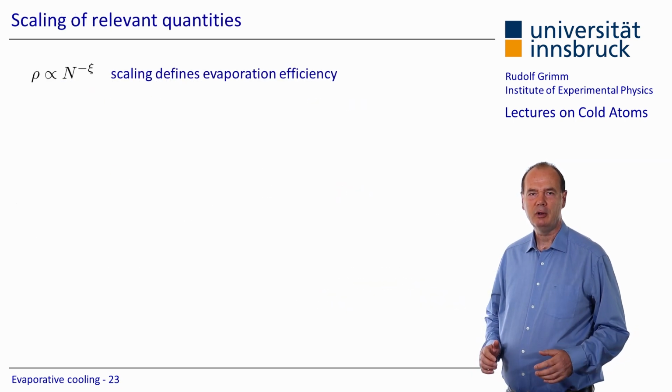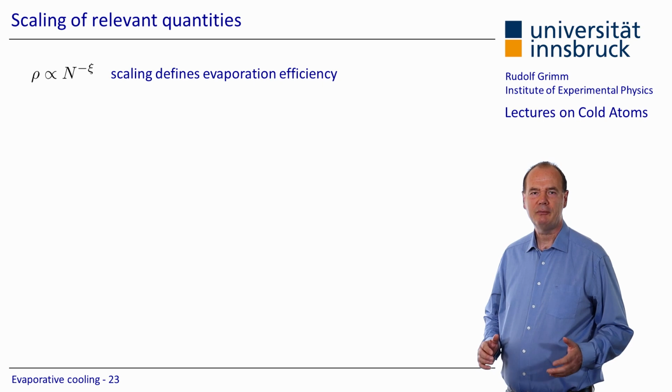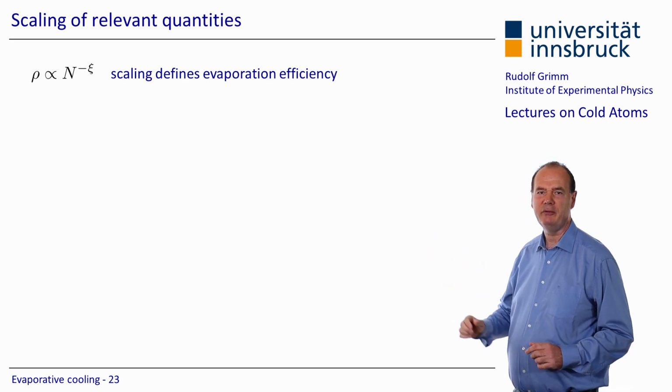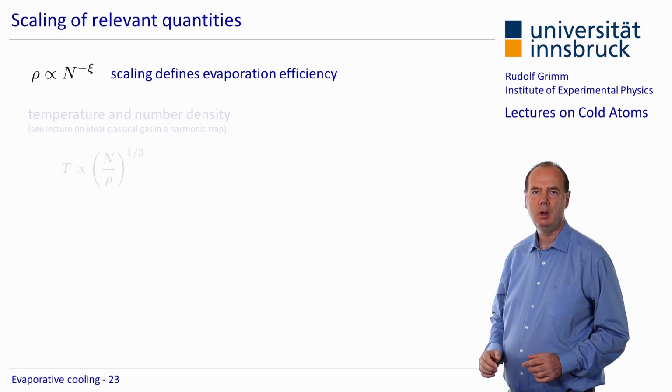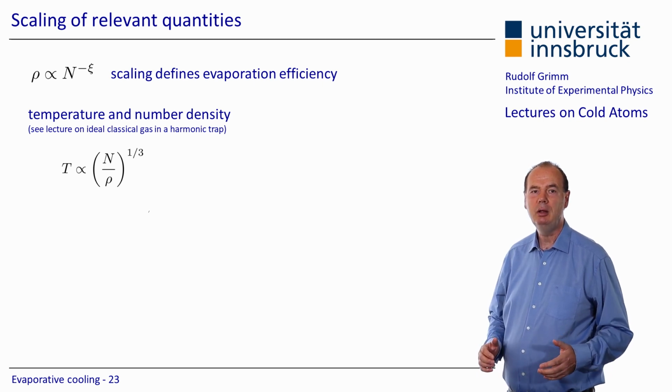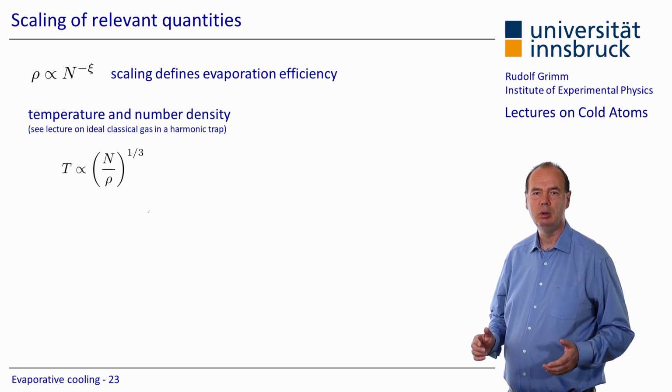Let's now have a closer look at the behavior of all the relevant quantities in the evaporation process. As we have discussed, the scaling of the phase space density ρ with the atom number N defines the evaporation efficiency ξ. Now we know from my earlier lecture on the classical gas in the harmonic trap how the temperature T scales with N and ρ.